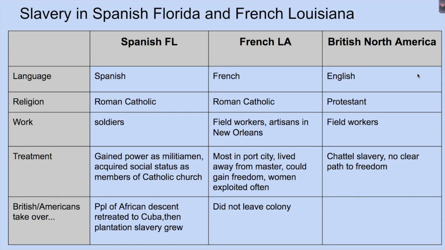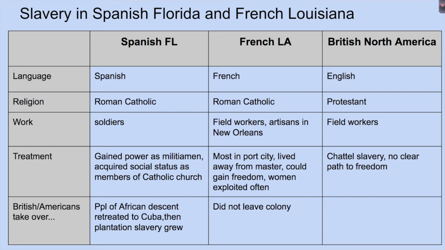So now let's look at a comparison between slavery from British North America onto slavery in other colonies that were in North America at this time. So we're going to look at Spanish Florida, for example, and we're going to look at French Louisiana. So modern day Louisiana and Florida.